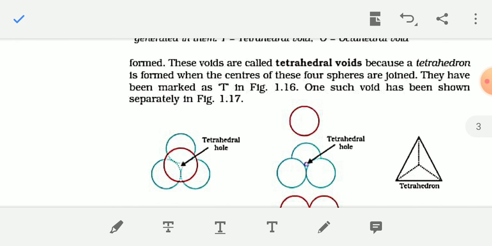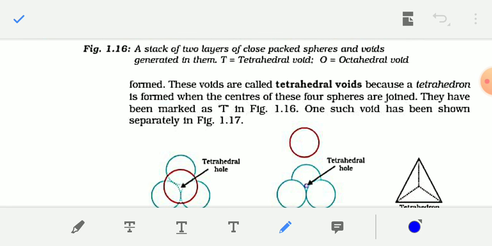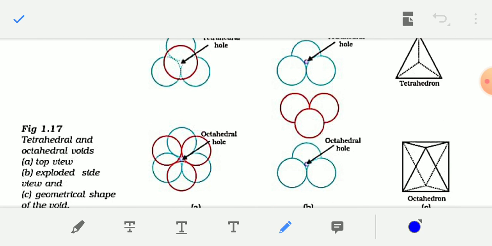So the first one is the tetrahedral void. It is formed among four particles. These voids are called tetrahedral because a tetrahedron is formed when the centers of four spheres are joined, and they are marked as T. Another void is the octahedral void, and it is formed among six spheres.